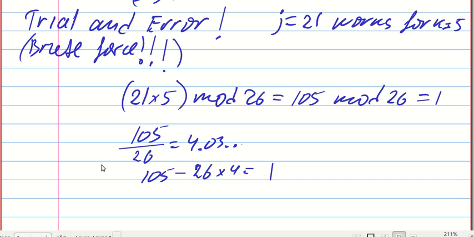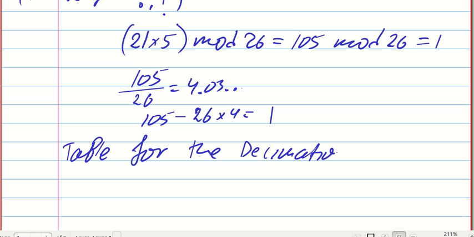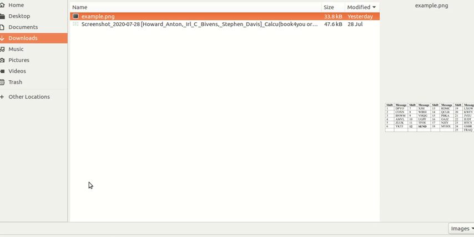But actually there is a table that you can construct by using brute force, a table for the decimation cipher. So this table, let's see if we can get it out.